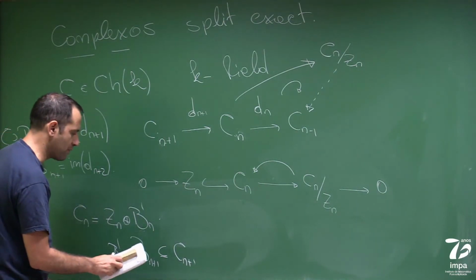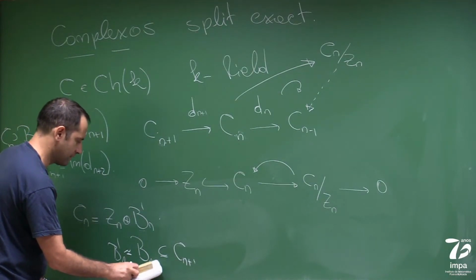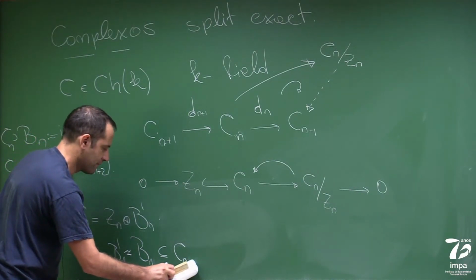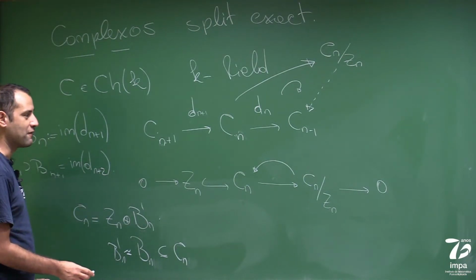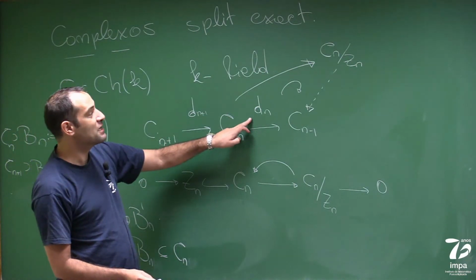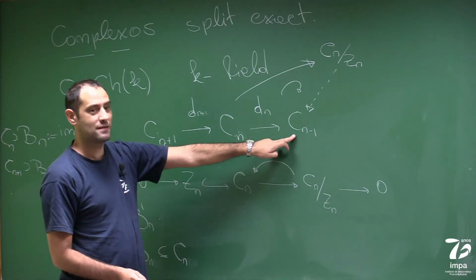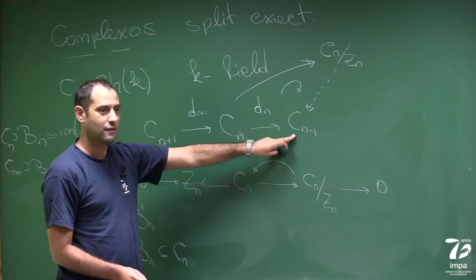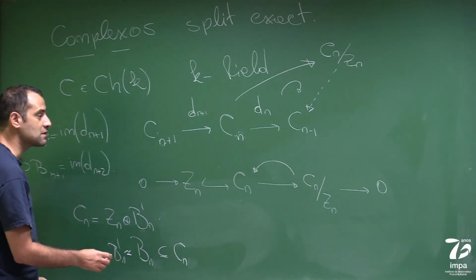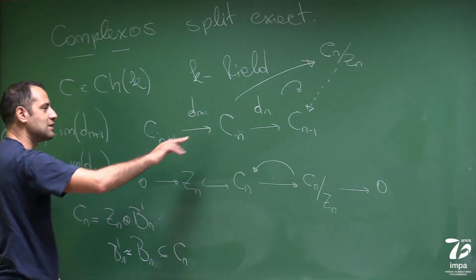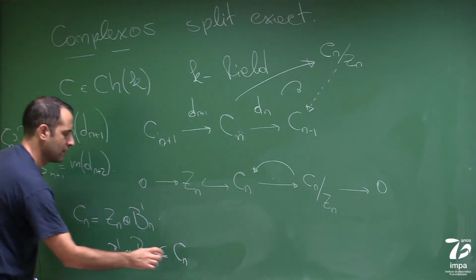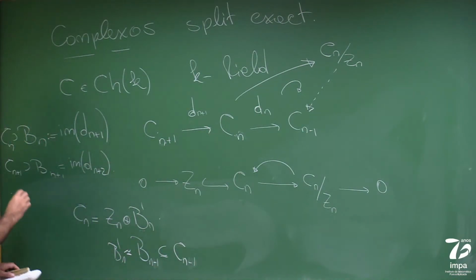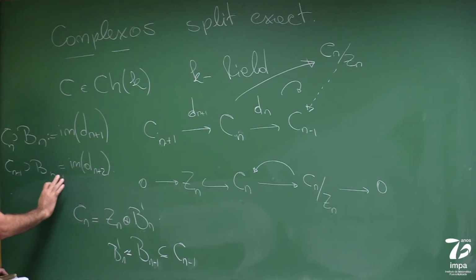And someone should have complained here. That one would never be there. So the image of this map is B_{n-1} here, not B_{n+1}. Sorry, I'm used to seeing arrows in this direction and the maps increasing in degree. And here is this. Oops.